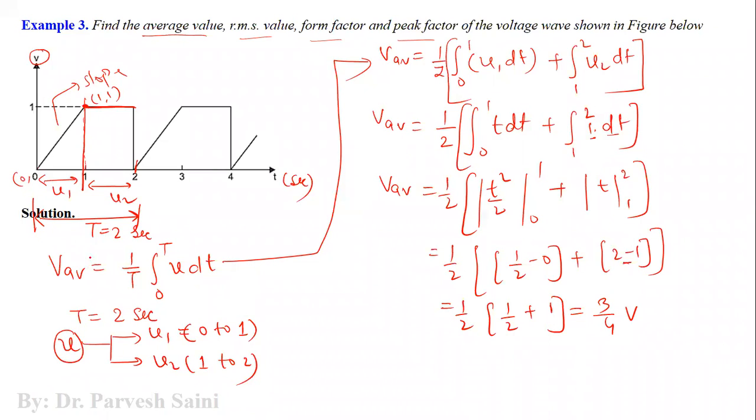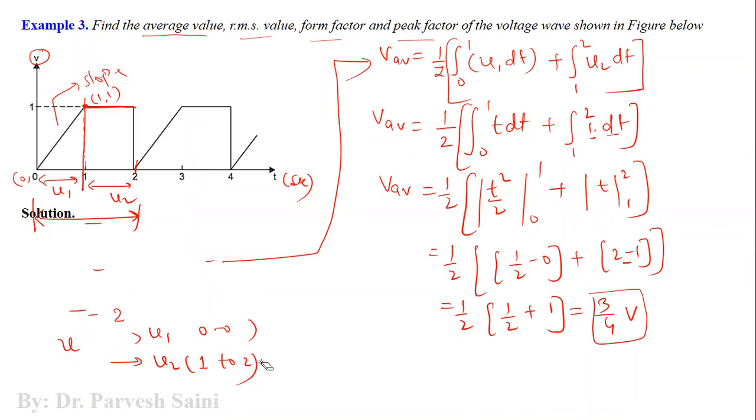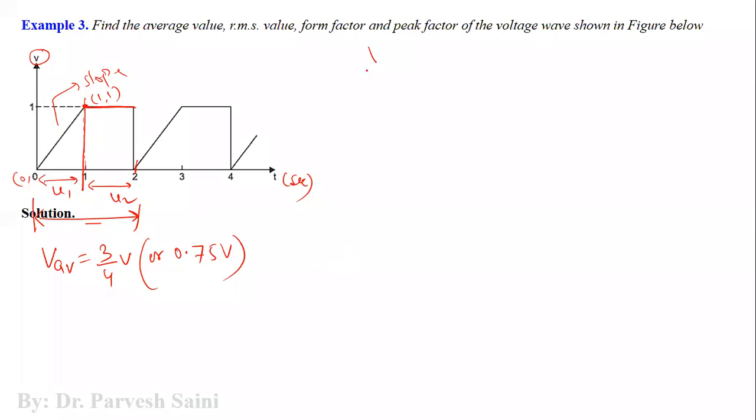Now we can find out the RMS value of this particular signal in the same way. So we'll note down this particular equation, and erase all these things from here. The RMS value of the voltage can be obtained by using the same formula: under root 1 upon T integration from 0 to T of V square dt.